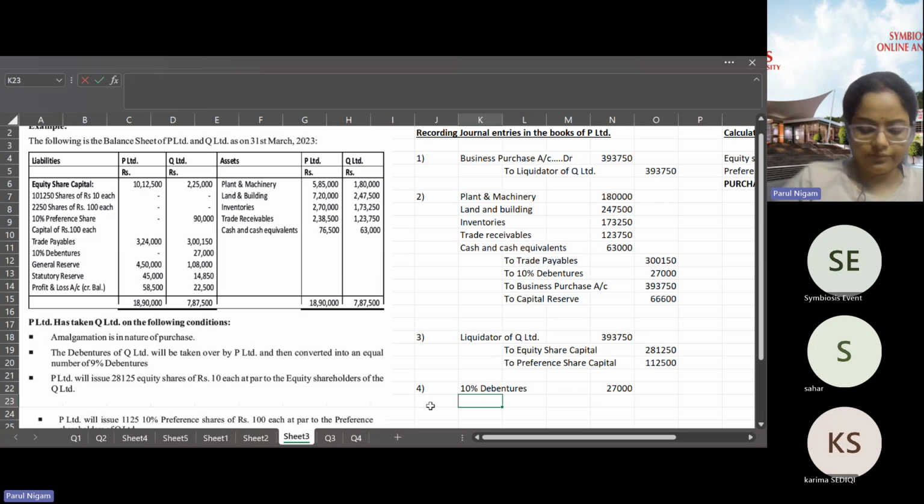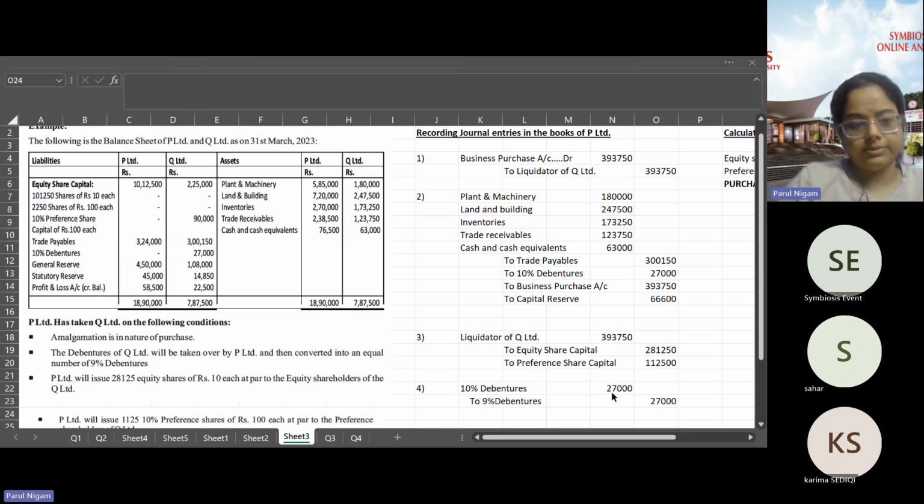Okay, and then you will credit the 9% debentures of the new company. It was because this company is having 9% debentures. Okay, 9% is basically the interest rate. So 9% debentures, old debentures are written off, new debentures are issued.